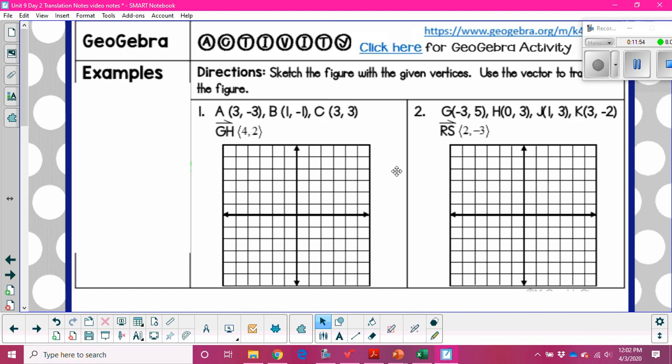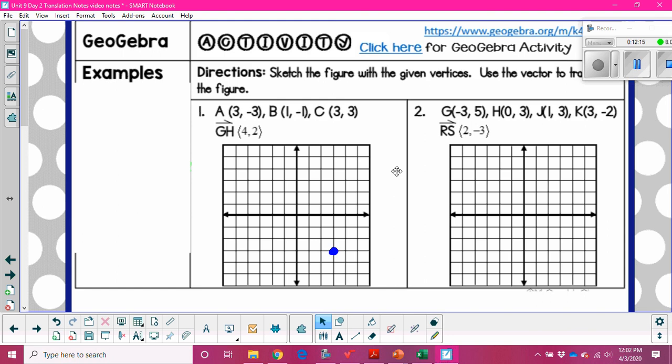So looking at number 1, we have triangle ABC. A is at (3, -3), so I'm just going to draw the triangle first. So 1, 2, 3, 1, 2, 3.